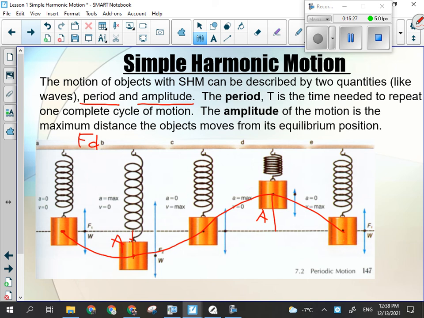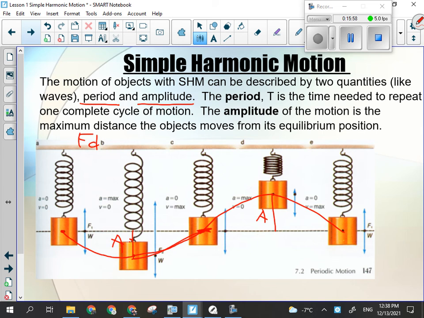So this is related to the energy of the object's movement because it's related to how much potential energy would be stored in the spring, okay, by the movement of the object. Now that potential energy gets turned back into kinetic, right? Because right here, the spring is neither stretched nor is it compressed. Therefore, it exerts no force, because we said the net force would be 0. There's no elastic potential energy at equilibrium.